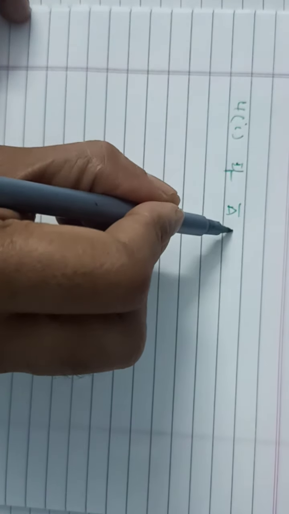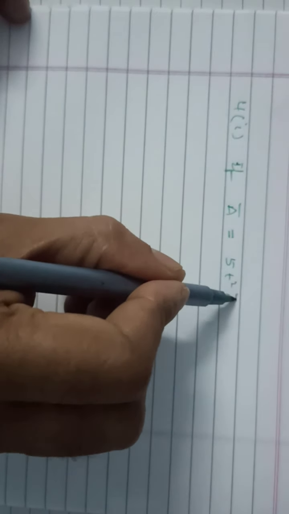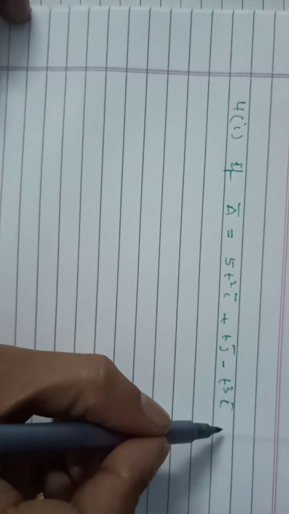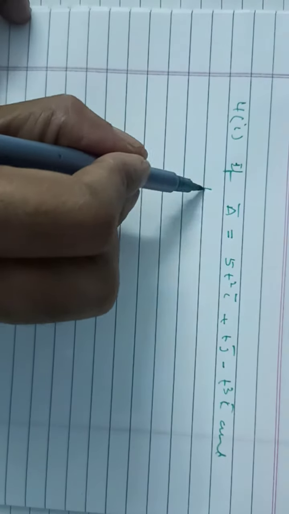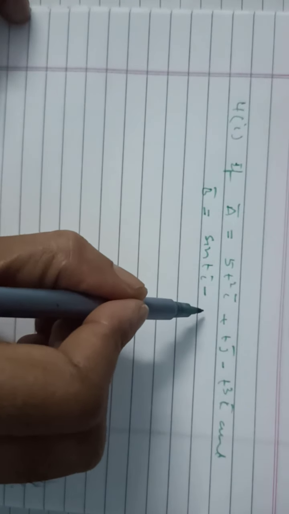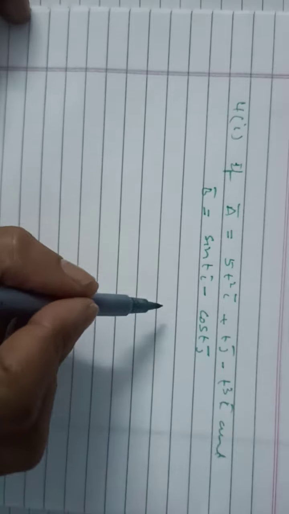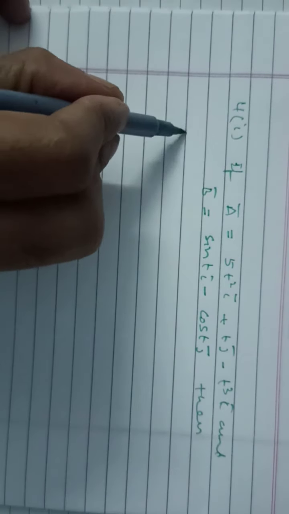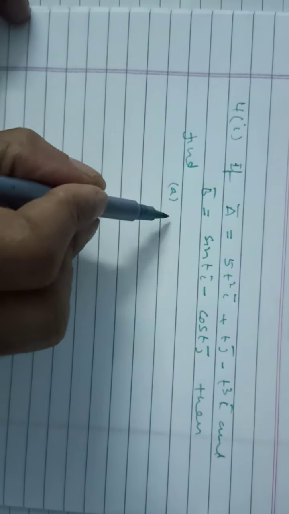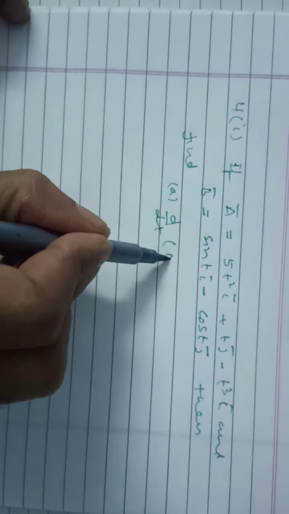Next, fourth problem. In first problem, if a bar is equal to 5t square i bar plus t j bar minus t cube k bar and b bar is equal to sin t i bar minus cos t j bar, then find small a problem, d by dt of a bar dot a bar.